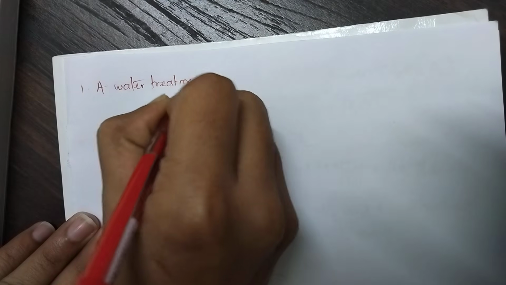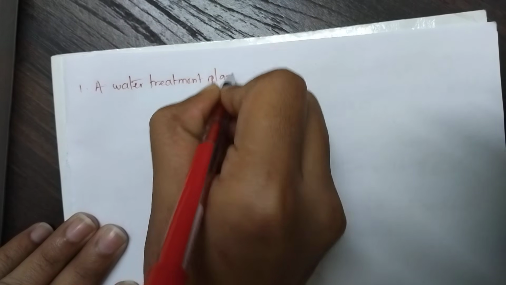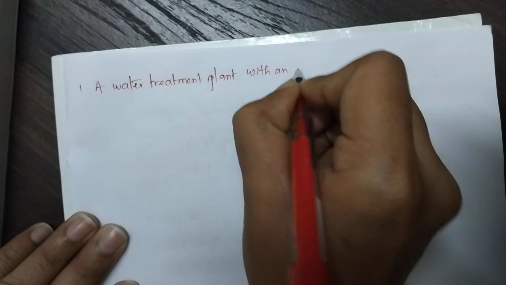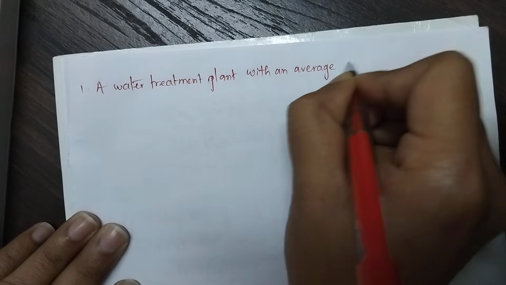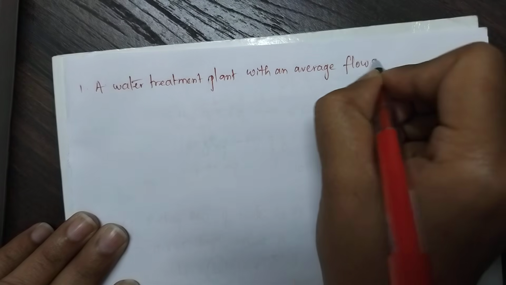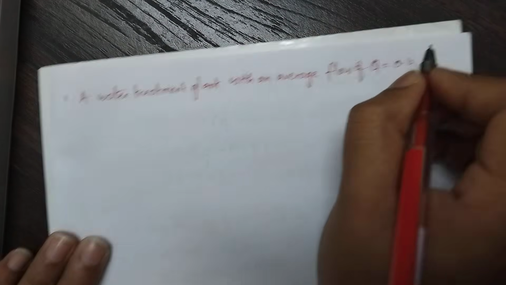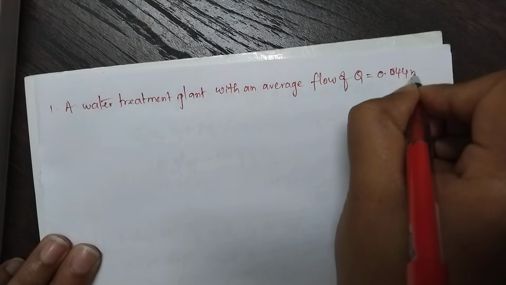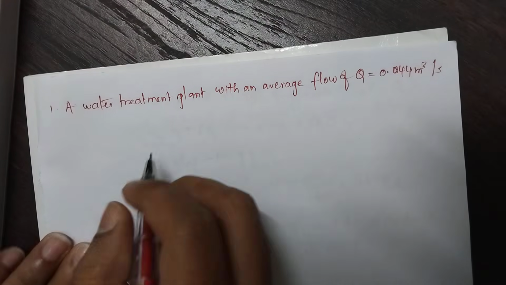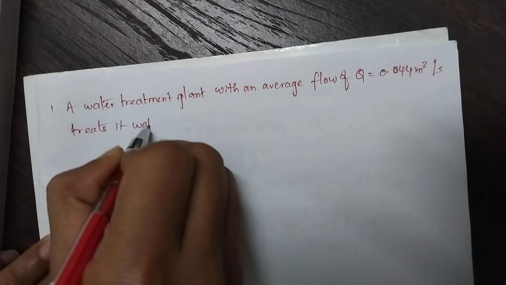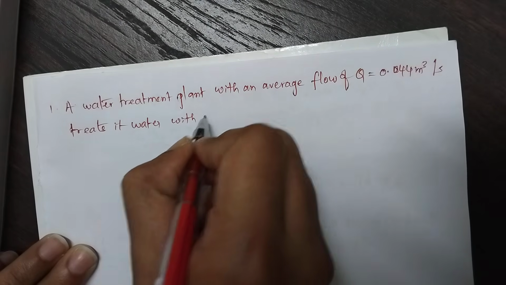a water treatment plant with an average flow of Q is equal to 0.044 meter cube per second treats its water with alum.